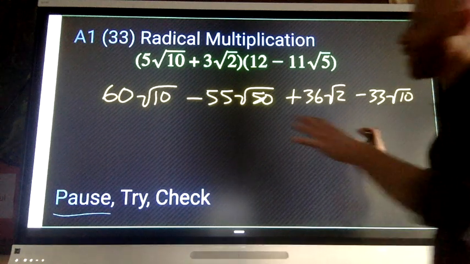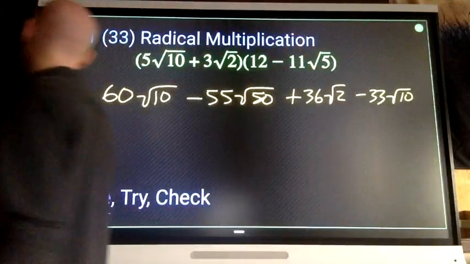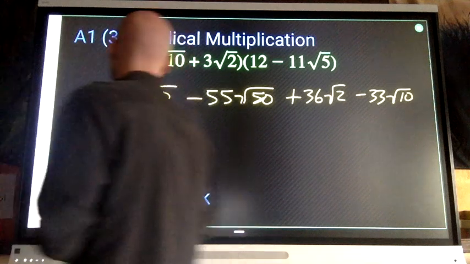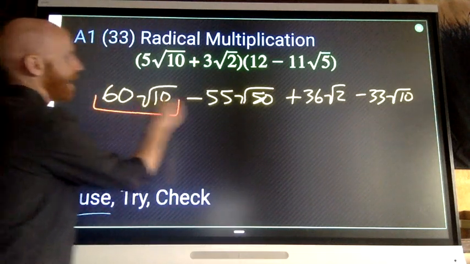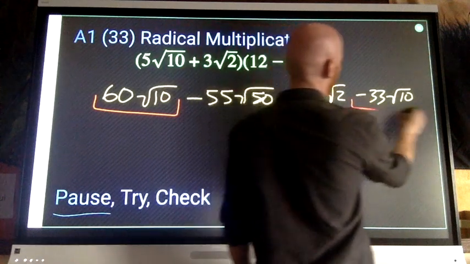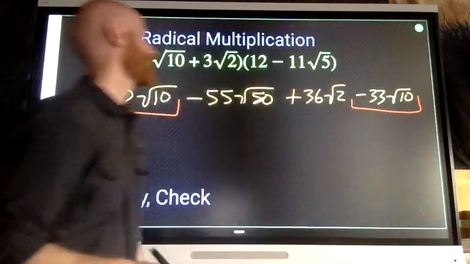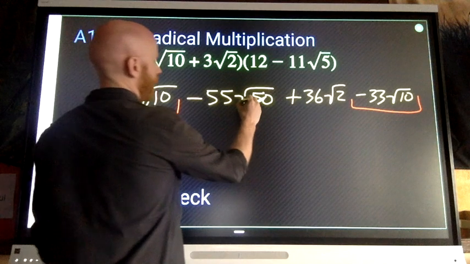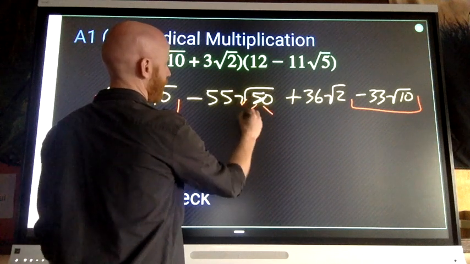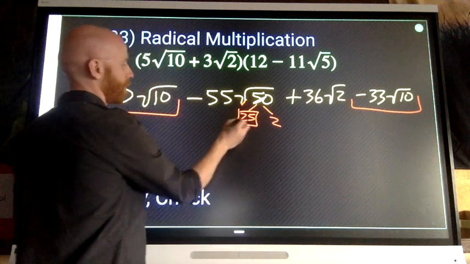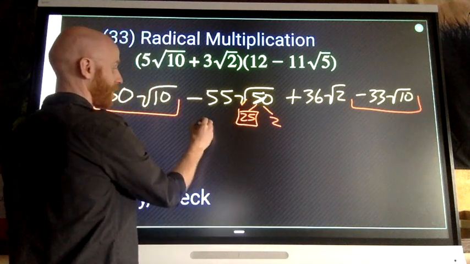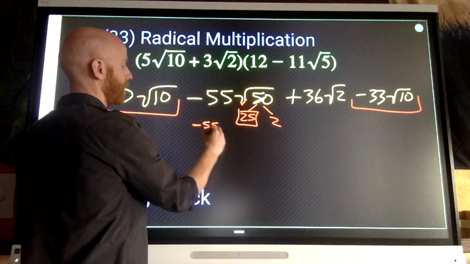All right, in some form or another, we should have ended up with these four components. We should be able to combine together this guy with this guy, because they're both square root of 10s. This guy right here, I should be able to break down into 25 and 2. Square root of 25 is 5, so we got negative 55 times 5.